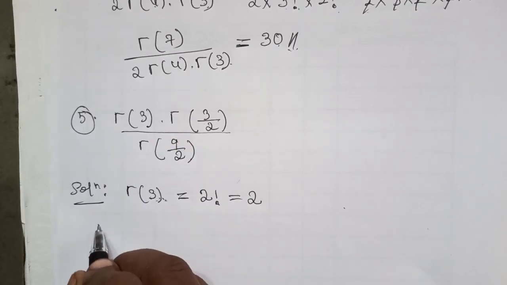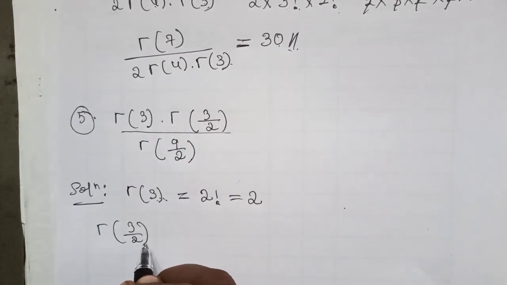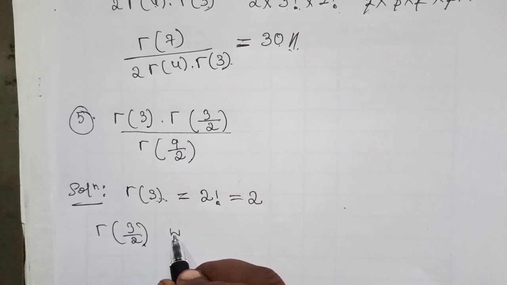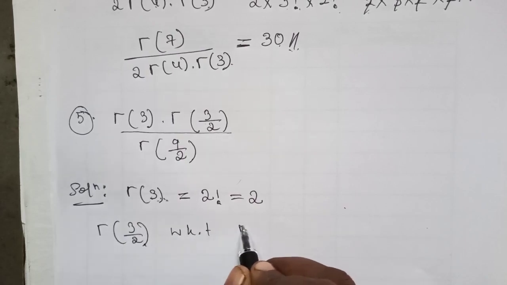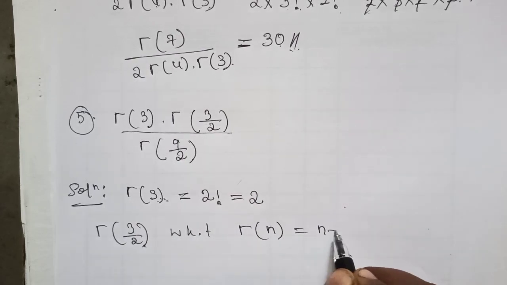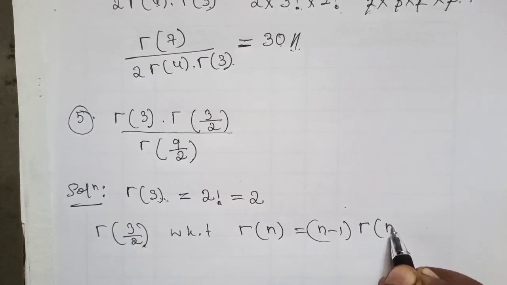Now this gamma of 3 by 2 can be written using the formula we know: gamma of n is equal to (n minus 1) into gamma of (n minus 1).